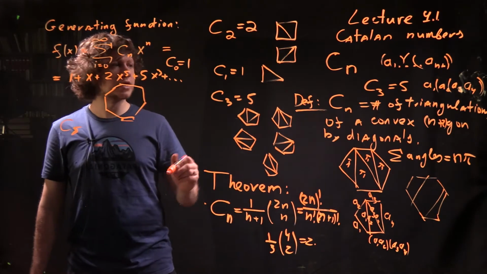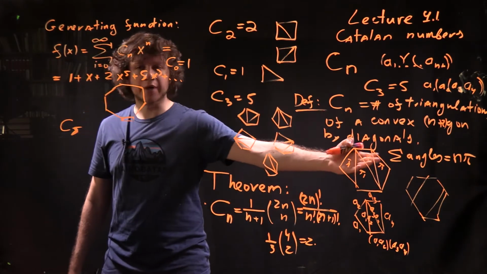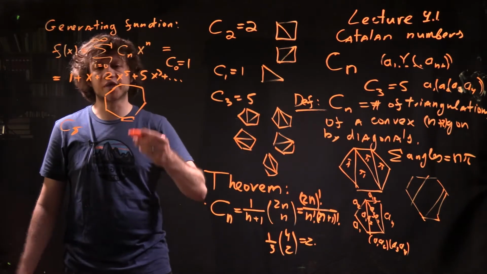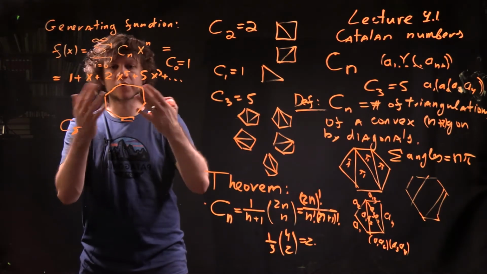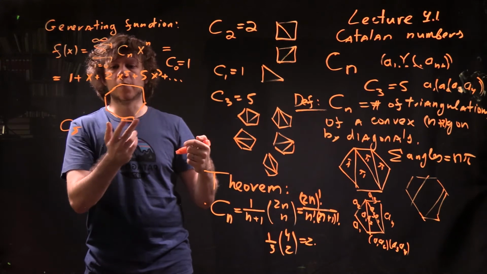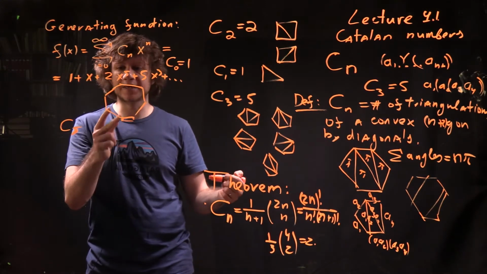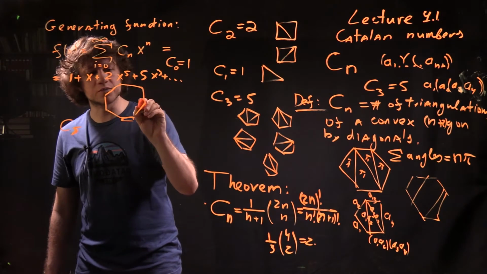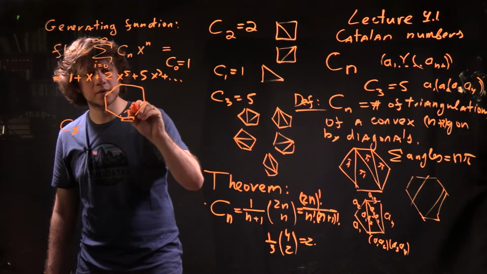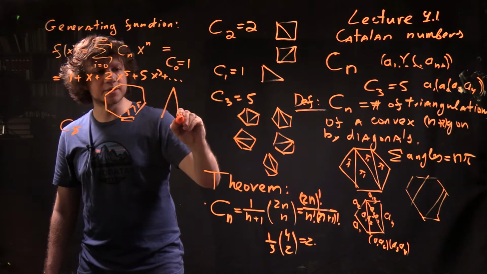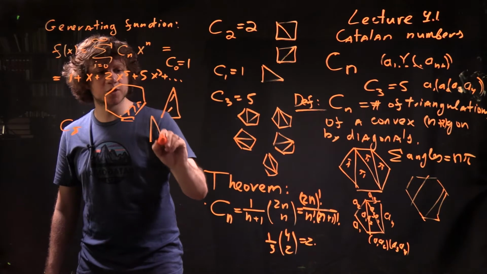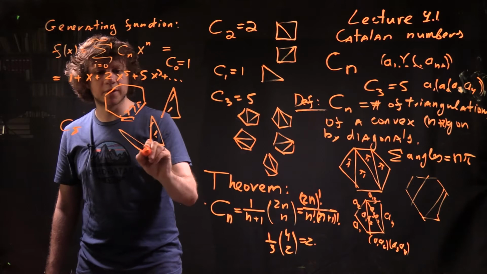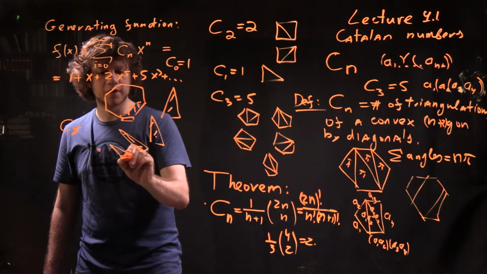And then we know that definitely it is a side of one of the triangles in the triangulation, because we cut the polygon by diagonals into triangles, and every side is a side of one of those triangles. Then there are several options. This triangle can be this one, or this one, or this one, or this one, or this one.